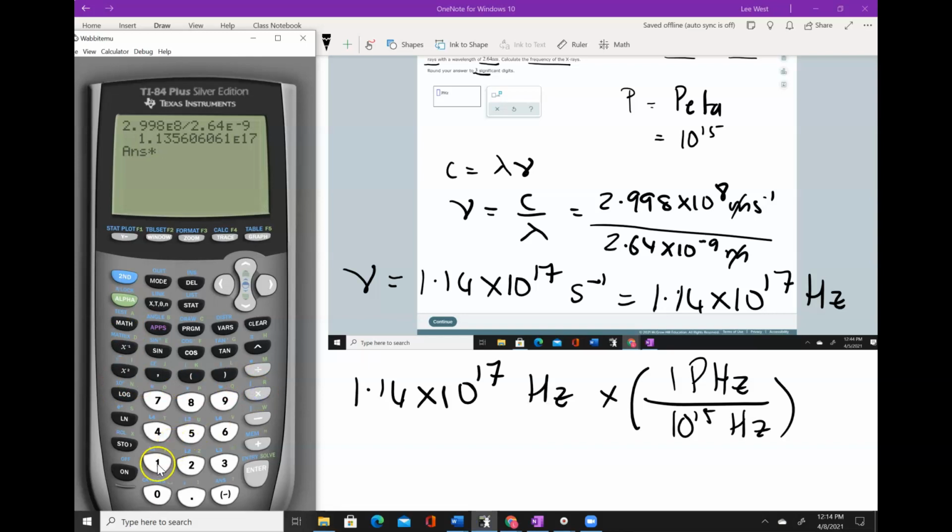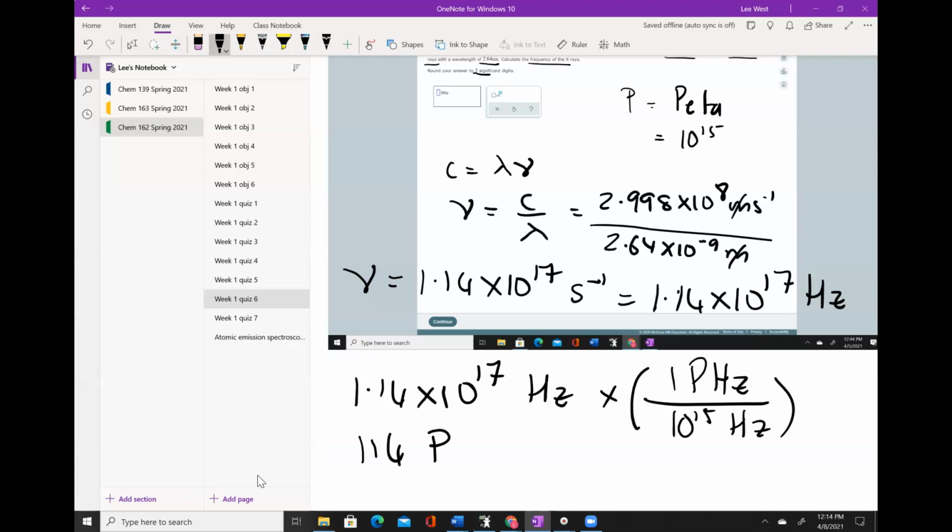So times 1 divided by 10 to the 15. That'll do the trick. 114 petahertz, right? I'm going to have to be careful about that because peta is not a common unit. So, yeah, I confused it with pico.